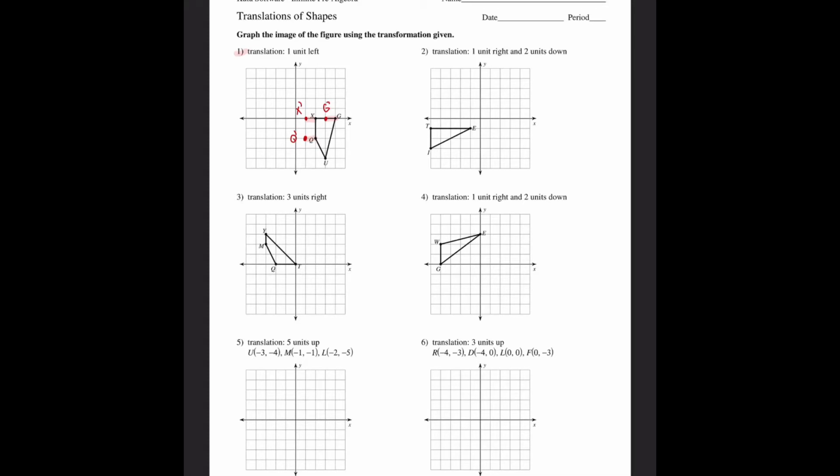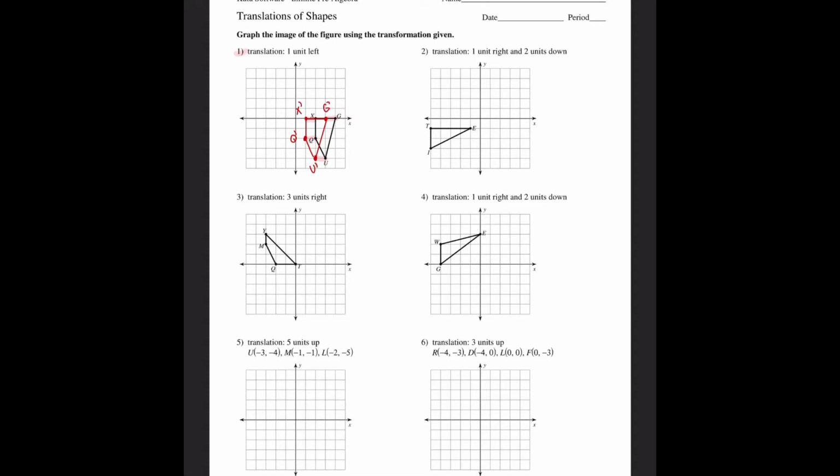And that's Q prime. And then last but not least, U prime, 1 unit to the left. Ends up here, label that U prime, okay? So then we just want to connect it, make it an actual figure, and voila. We have our pre-image translated 1 unit to the left, so the image is now in red, okay?